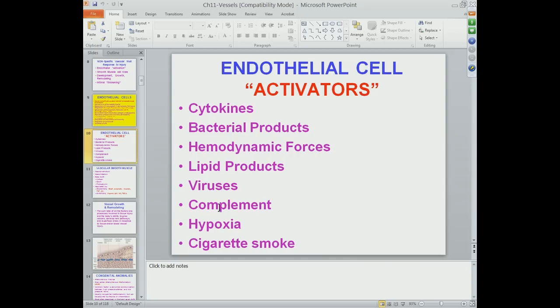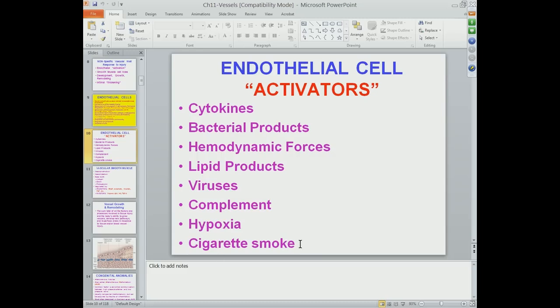What about complement? Remember, when complement is fixed, it can lyse the membranes of cells. Well, endothelial cells are no exception. And also remember, hypoxia itself, or a lack of oxygen, even if there is no hemodynamic force, can also be an activator. So it doesn't take very, very much to turn Dr. Jekyll into Mr. Hyde.